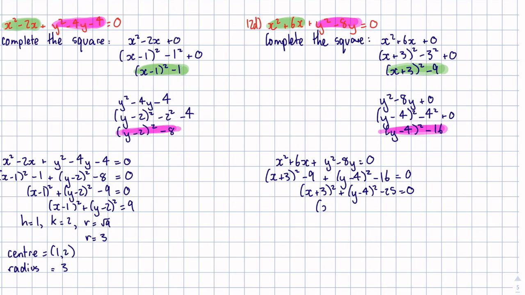So I've got (x plus 3) squared plus (y minus 4) squared equals 25. So my h now equals negative 3. My k equals 4. My r squared, r is the square root of 25. So r equals 5. So I've got the circle's center, negative 3, 4, radius 5.